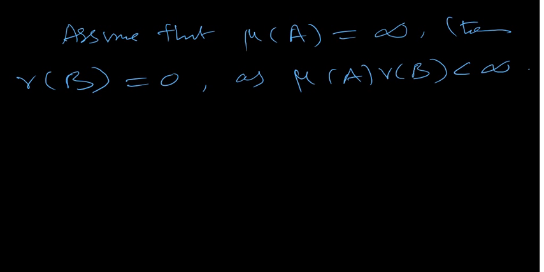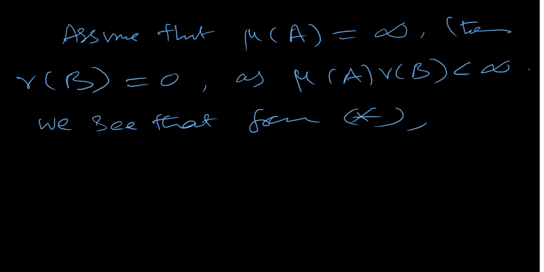So measure of A is infinity and measure of B is 0. So the other set must be equal to 0. We see that from star, nu of E_x equal to 0 almost everywhere with respect to the measure mu.